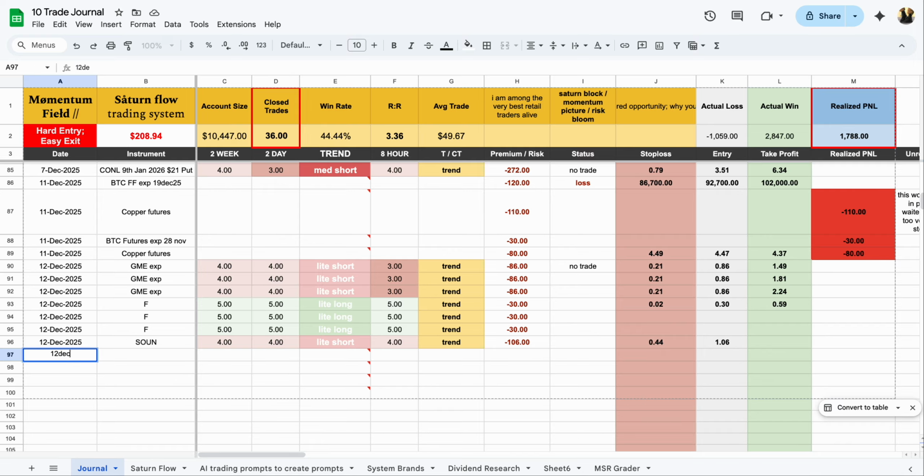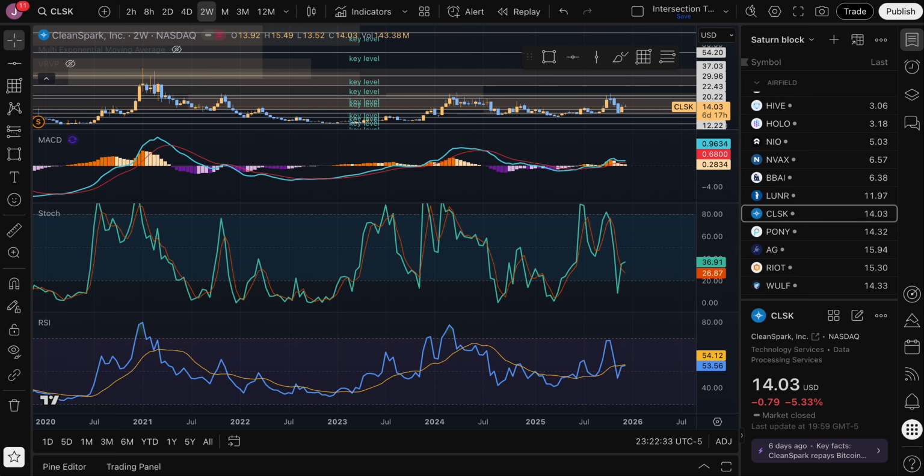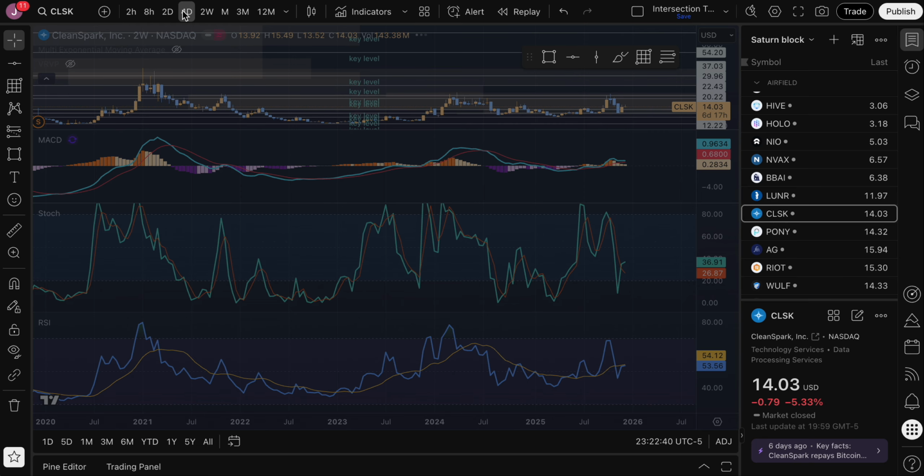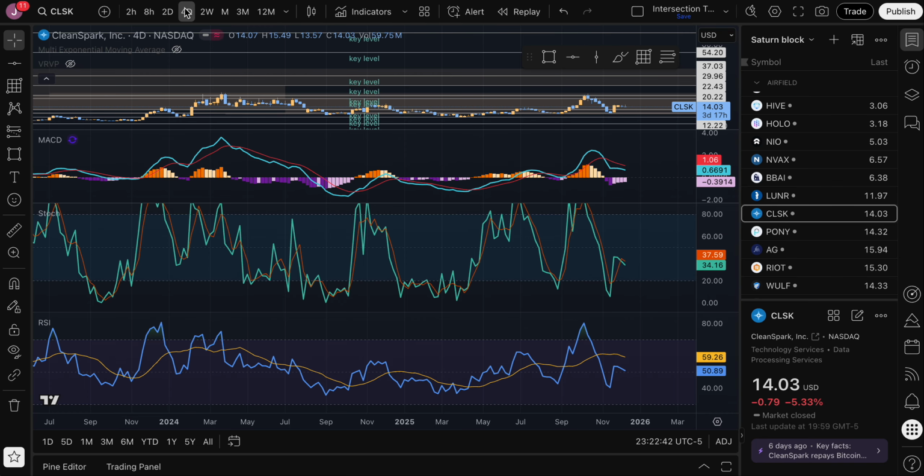So put 12 of these, 25, CLSK, 5. And I like to look at the 4-day just to kind of get a little bit more encouragement. And it's looking short, but this is pushing up, this is turning down.